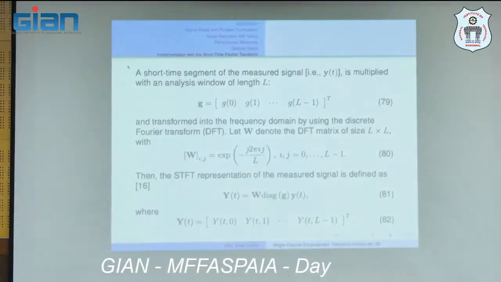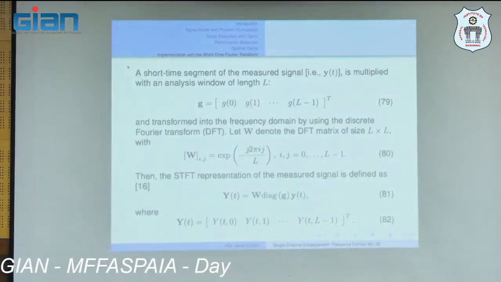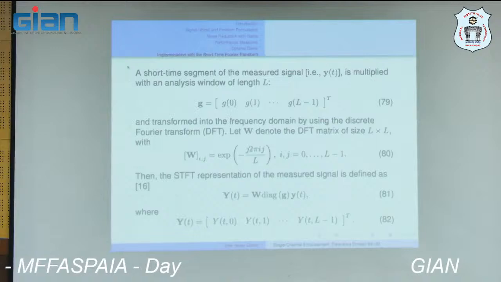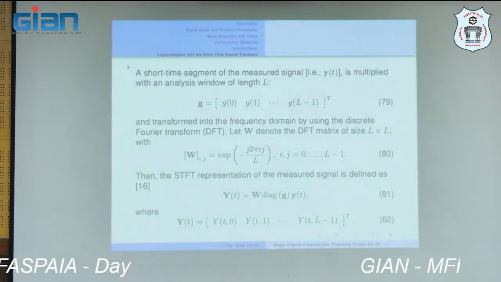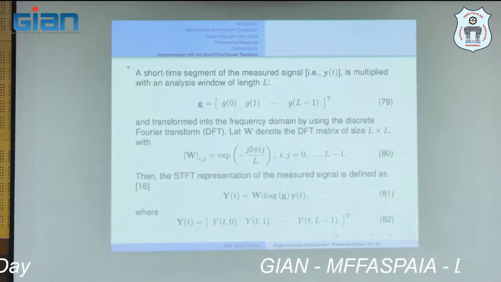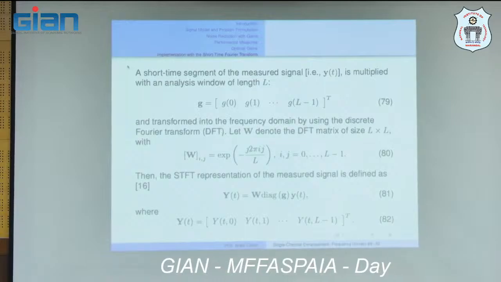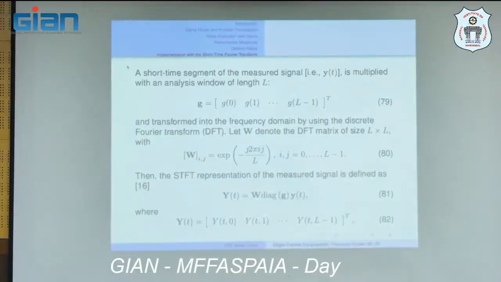And this we can formulate mathematically as a requirement, by certain relations between the analysis window and the synthesis window, as we will see shortly. Okay, so how do we do it?